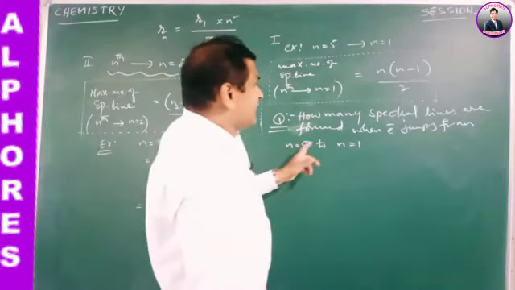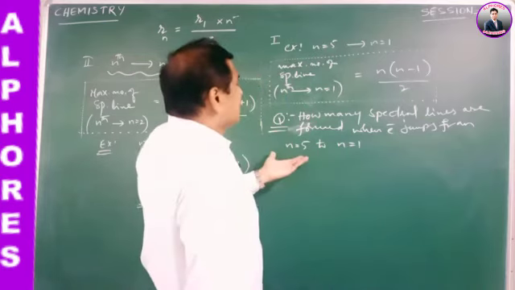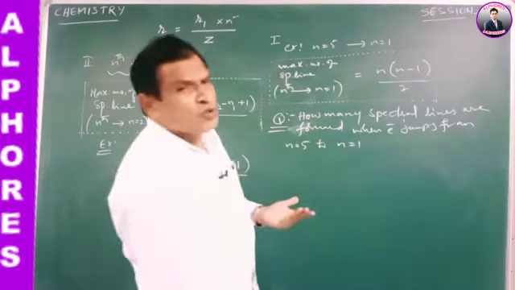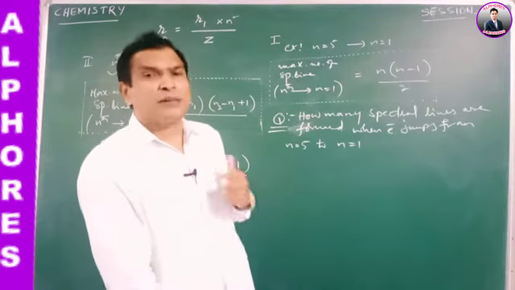When the electron jumps from the 5th orbit to the 1st orbit, the excited electron can come down to the ground state directly in one step or in several steps. So we can expect more spectral lines.